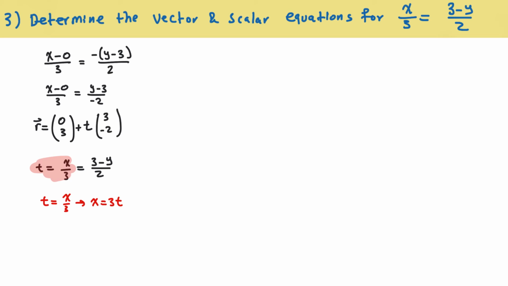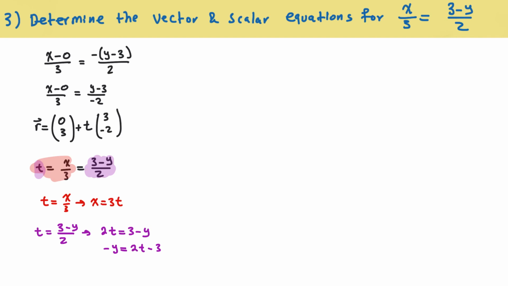And let's do this one in purple. T is equal to 3 minus y over 2. I'm going to multiply both sides by 2 to get 2t is equal to 3 minus y. I'm going to subtract 3 from both sides, so I will get negative y is equal to 2t minus 3.